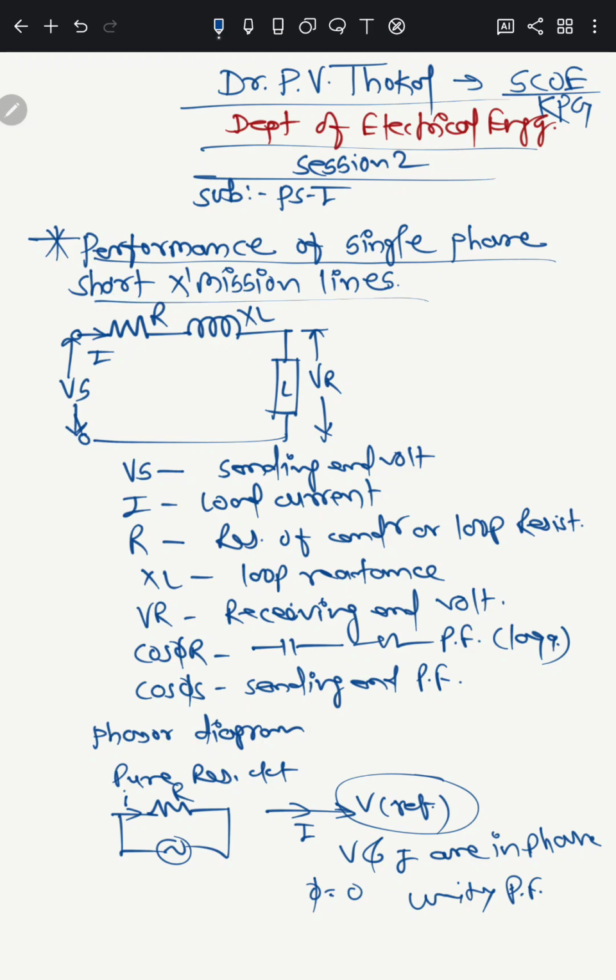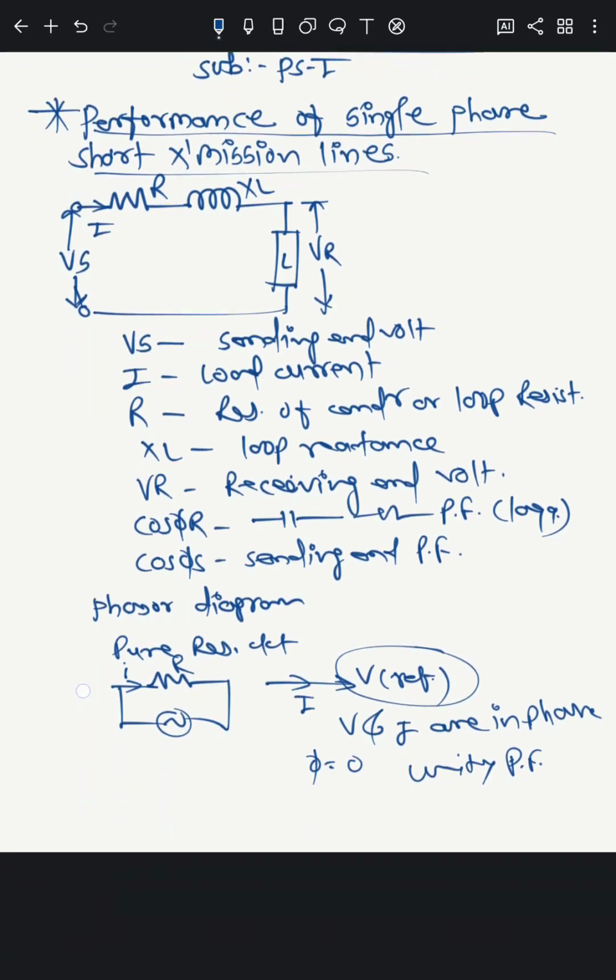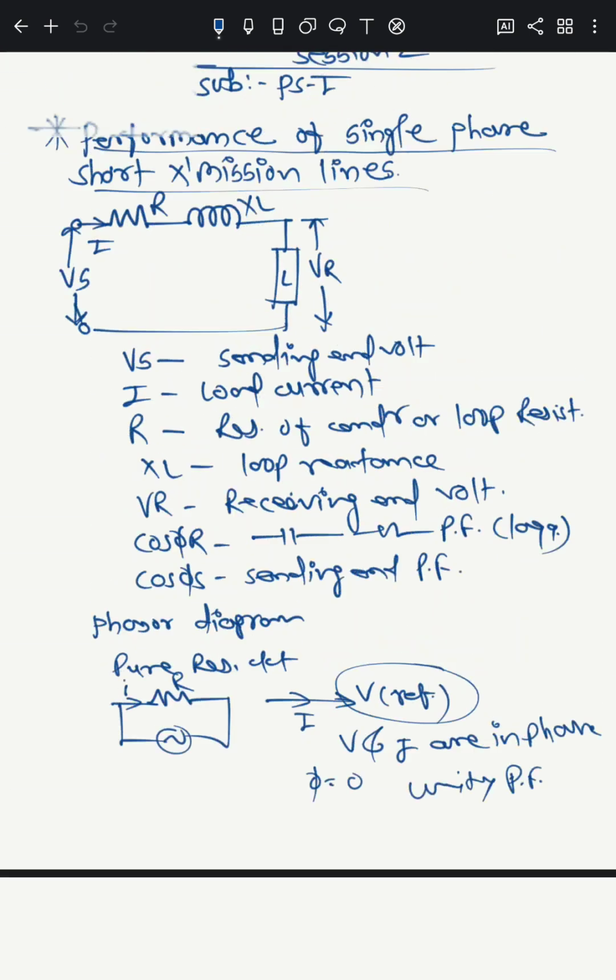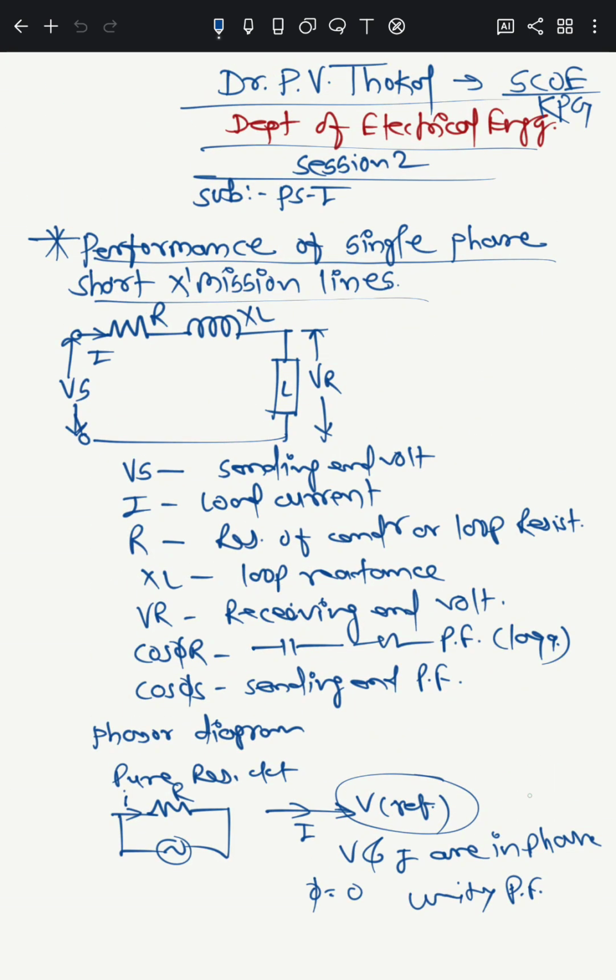This concept is very important to understand the performance of single phase short transmission line, and we will require some basic concepts. If you focus on the basic concepts, then you will come to know how this derivation is solved. Same diagram, if we take current as the reference vector, it will be drawn like this.